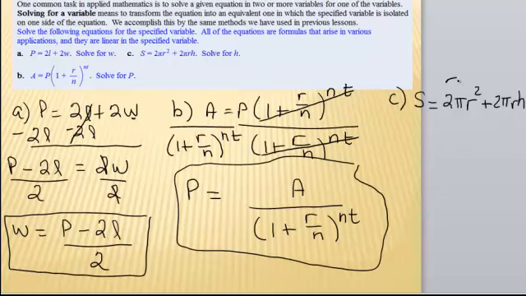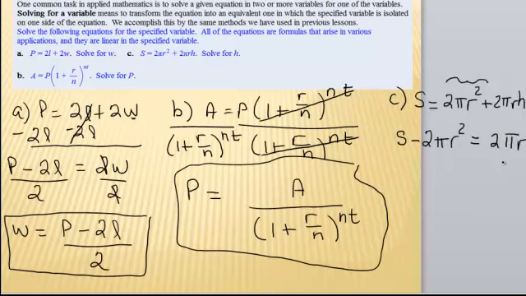So the first thing we need to do is take this entire term and move it to the other side. So we're going to subtract it from both sides. Since I don't have a lot of room, let me just write out what that becomes. S minus, because we move this over, we subtract it, 2 pi R squared, equals 2 pi RH.